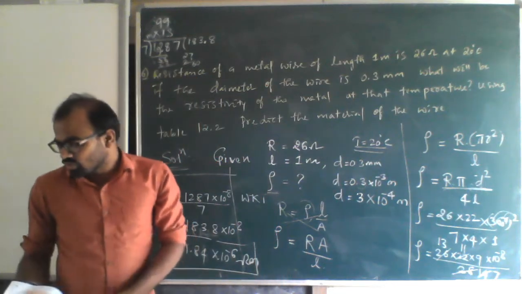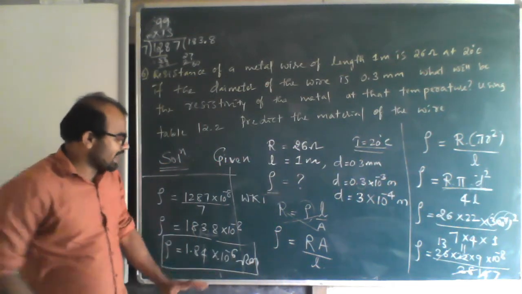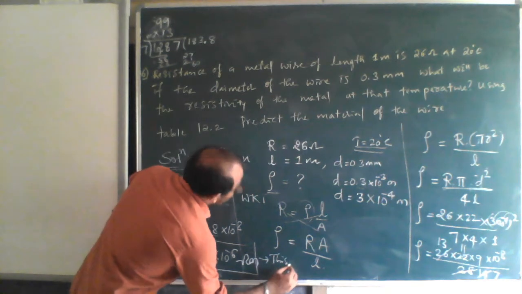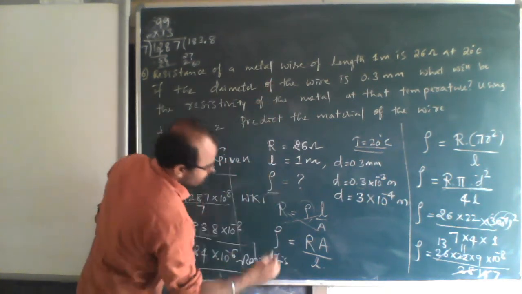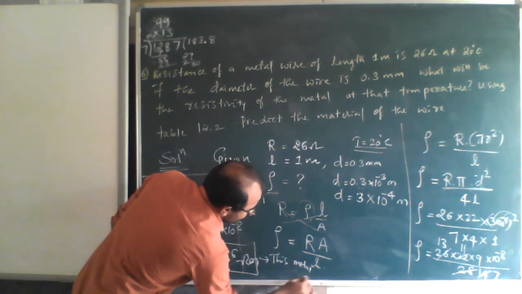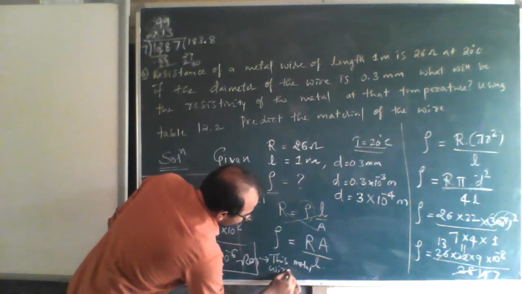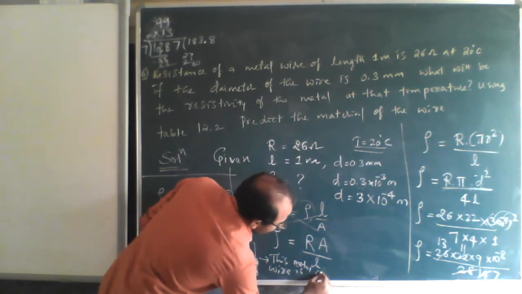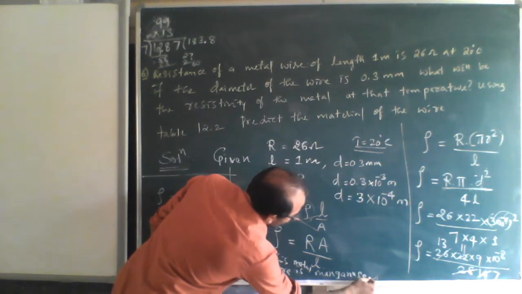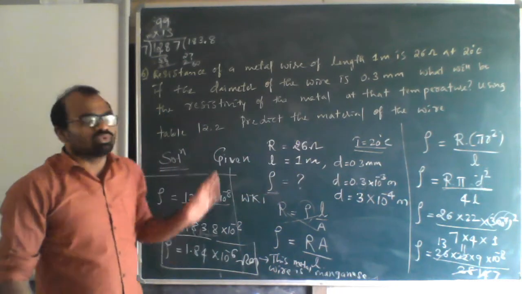So this material is manganese. Here we can say that this metal wire is manganese. Please note this down and we'll move to the next question.